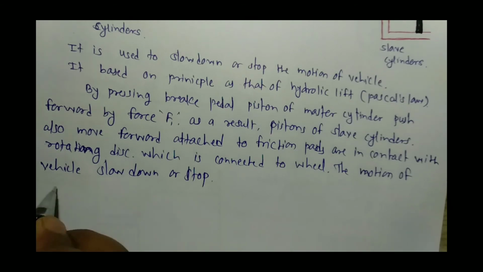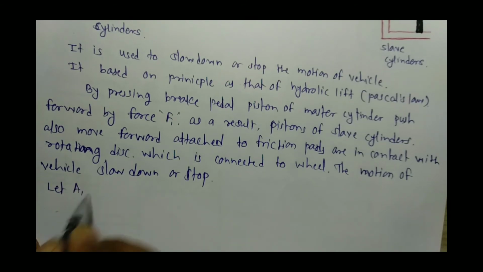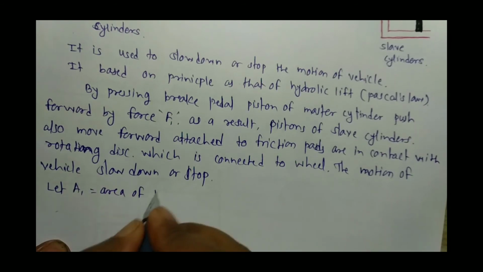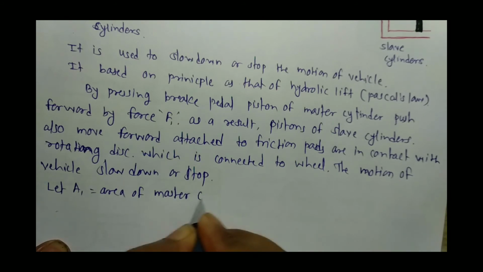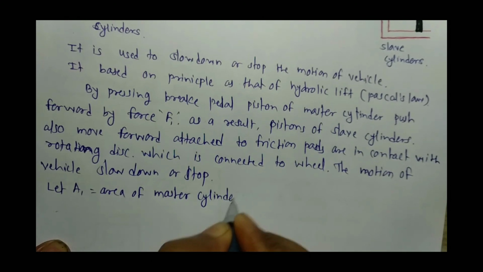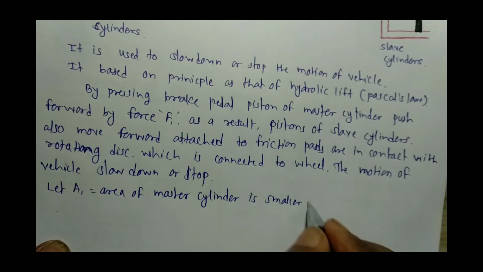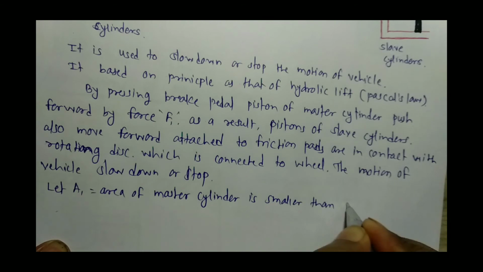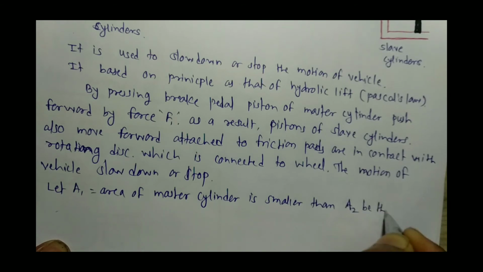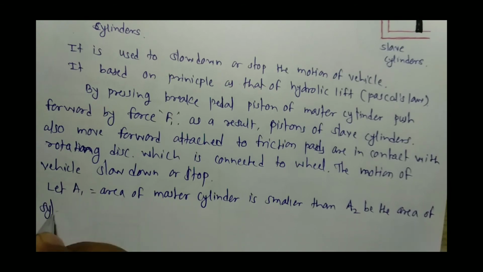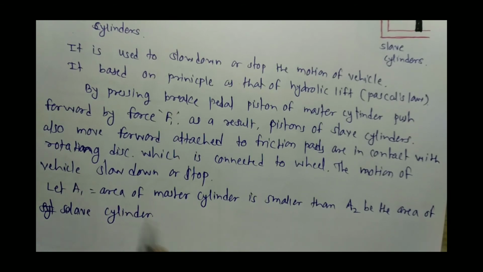Let A1, the area of the master cylinder, be smaller than A2, the area of the slave cylinder.